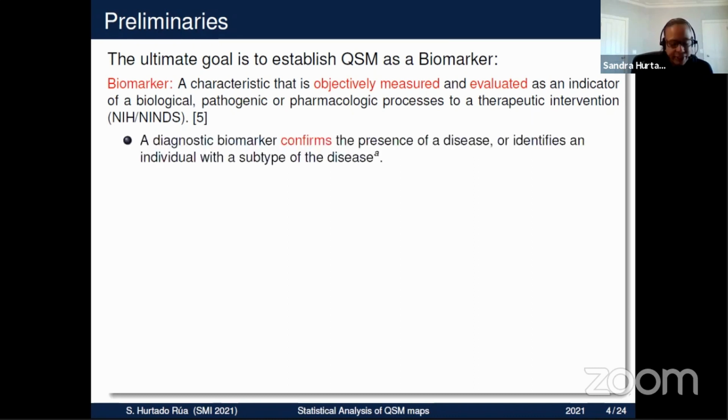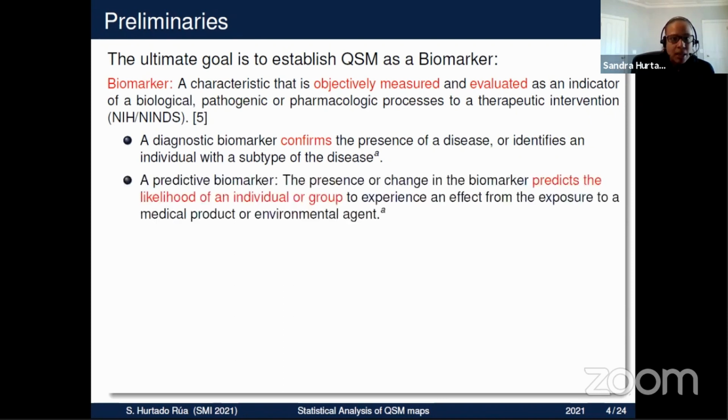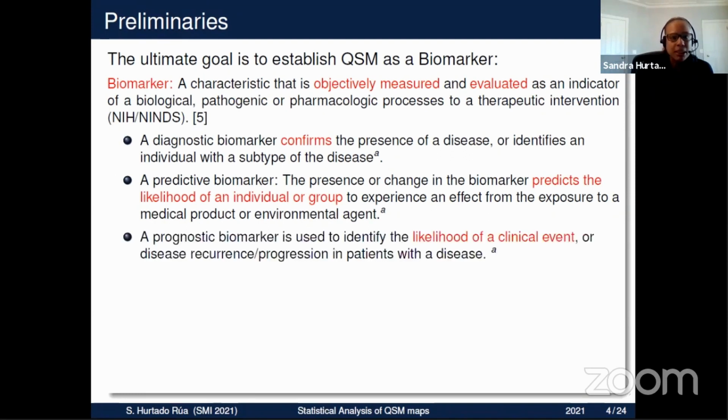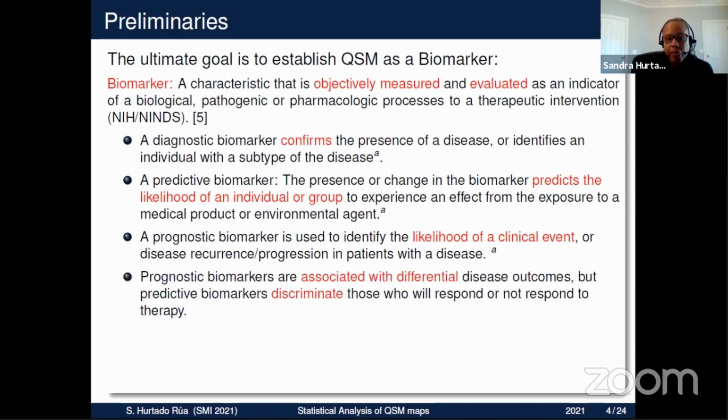So there are different types of biomarkers. We can think about a diagnostic biomarker, or a predictive biomarker that predicts the likelihood of a person to have an effect from an exposure to a treatment, or a prognostic biomarker that's related to a clinical event, or both.